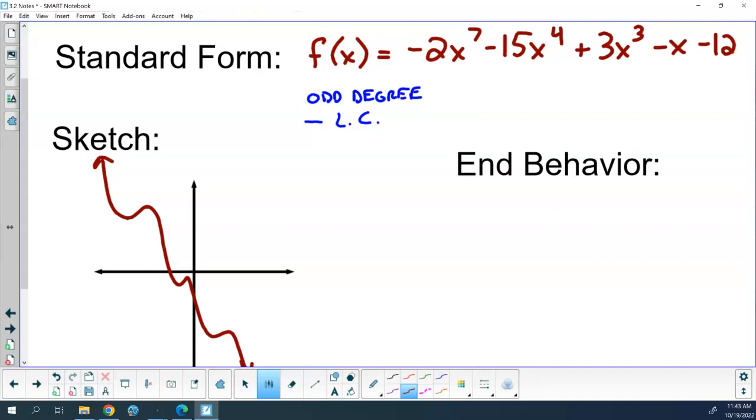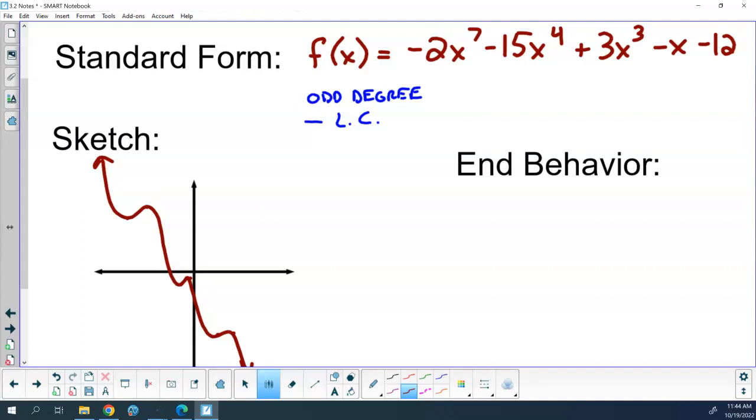Three sets of humps. The biggest exponent should be your first term, and the leading coefficient should be that very first number.